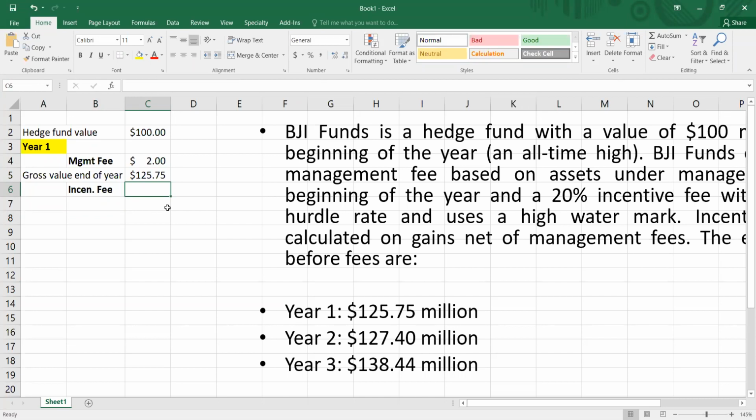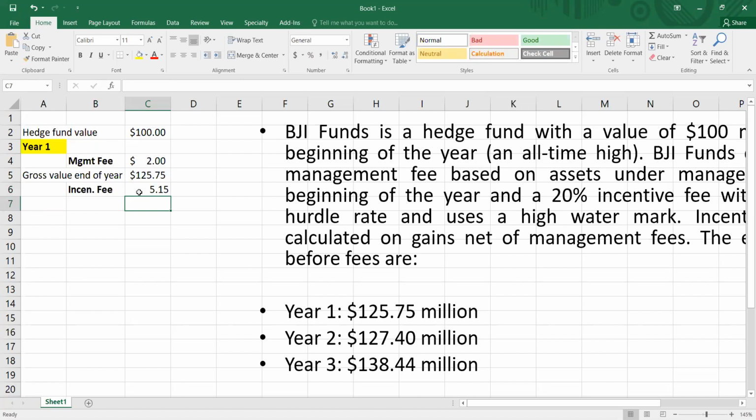We can see that it is the gross value minus the hedge fund value at the beginning, which is 125 minus this. Basically, if there were no other conditions, then we would just multiply by the incentive fee, which is 20%, but it's in brackets. This is if there were no other conditions given in the question.